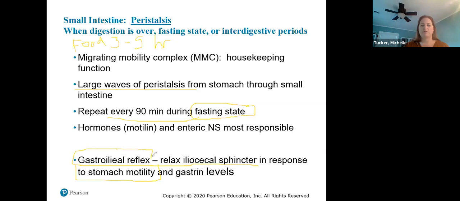And that aids in removal of chyme, which is about when it enters the large intestine. Now it's called feces. Okay, so the terms change. We have a bolus in the esophagus, and we have chyme in the stomach and small intestine, and then we have feces when we get to the large intestine.